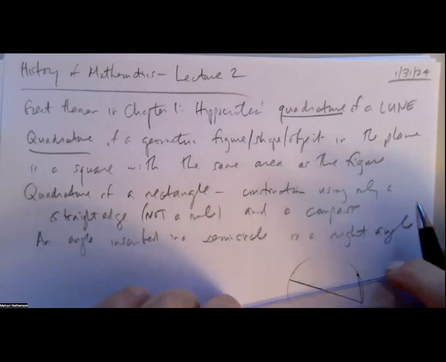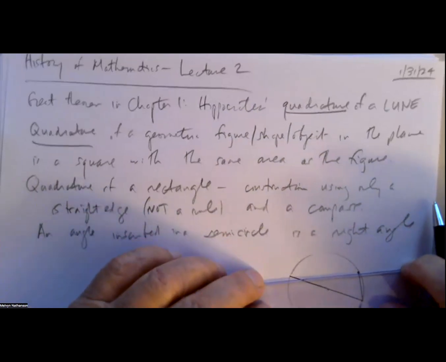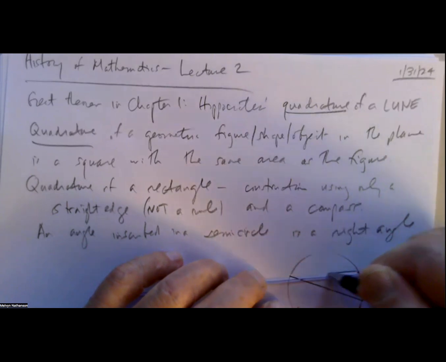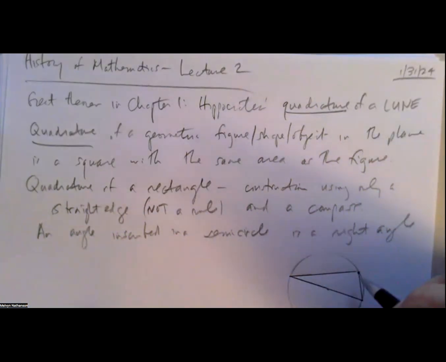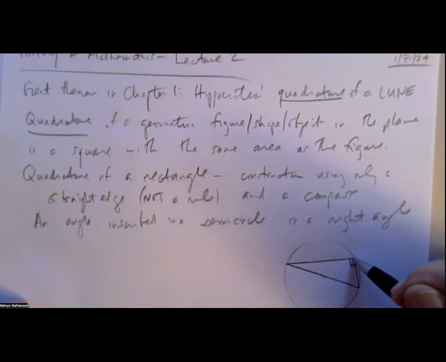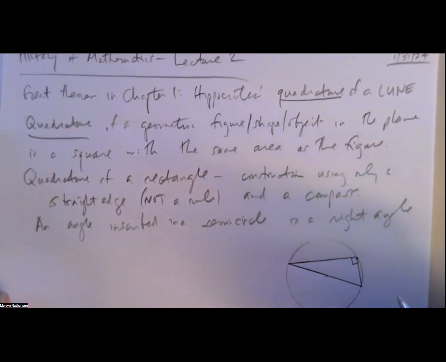So that's one side of the triangle, or one side of the inscribed angle. And that's the other side. And by the theorem we proved Monday, that's in the book, this angle is a right angle.